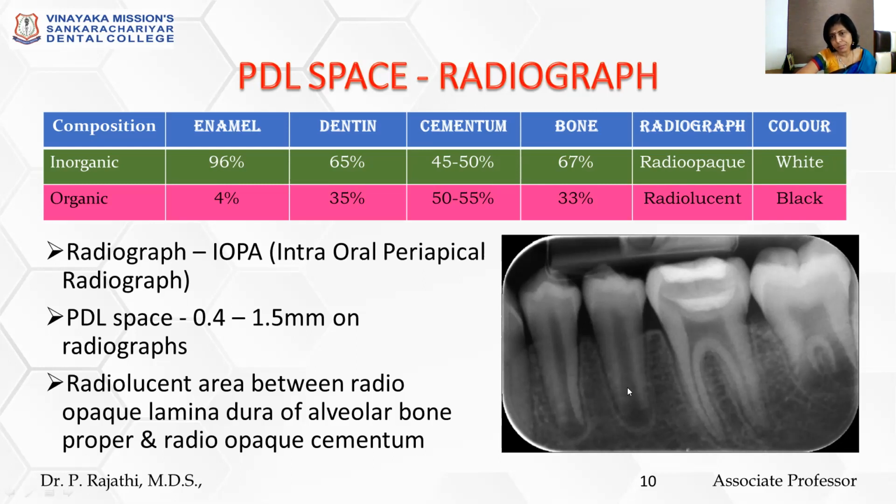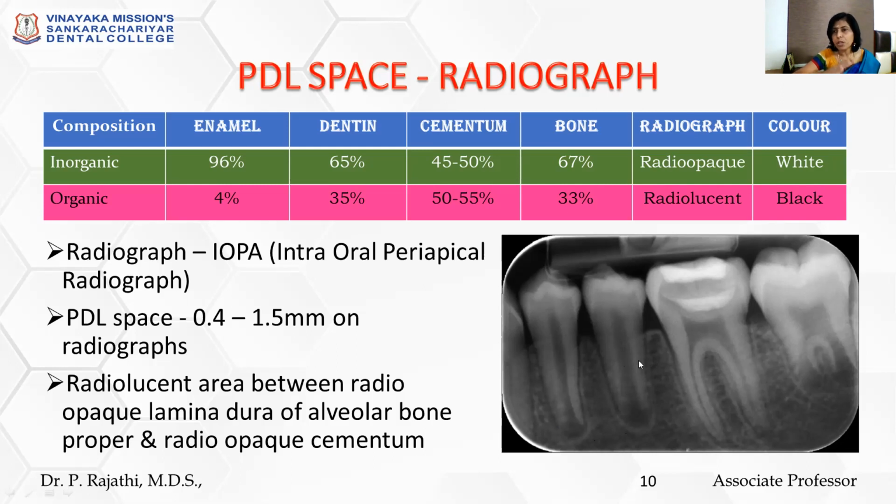Here, you can see these premolars are in the forming stage. The root is not completed, but still you can appreciate the periodontal ligament space. In the molars, completely formed roots are seen. In the molar, to some extent, you can appreciate something like cementum. Usually you cannot differentiate cementum and dentin in a radiograph.